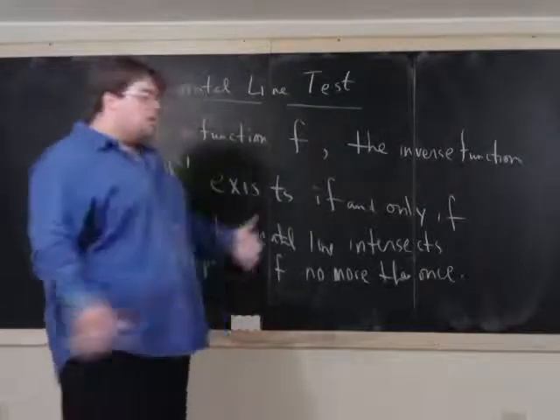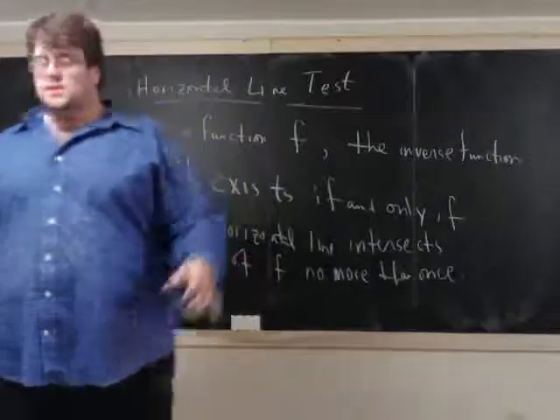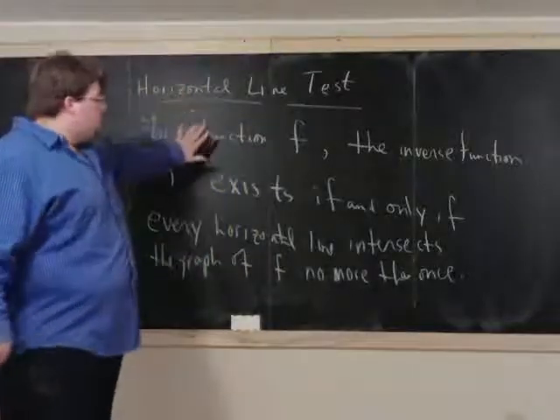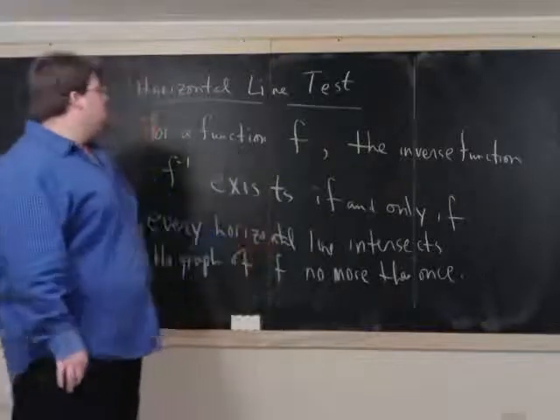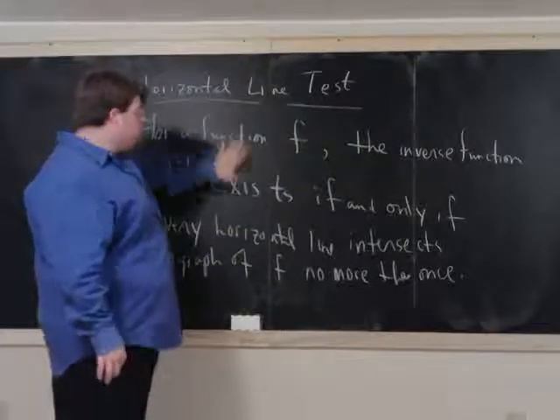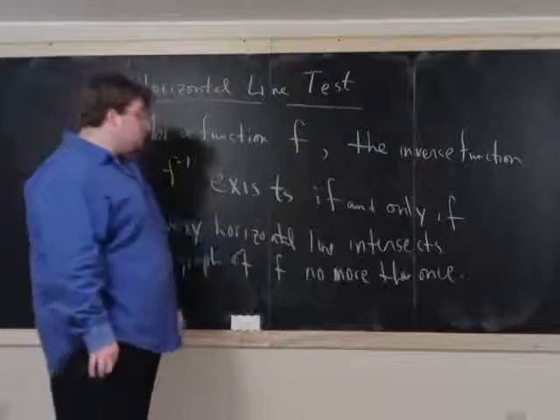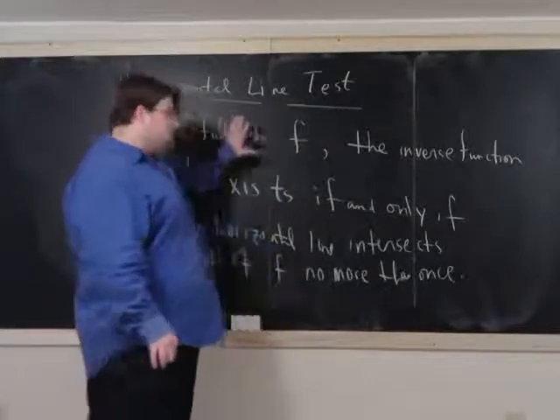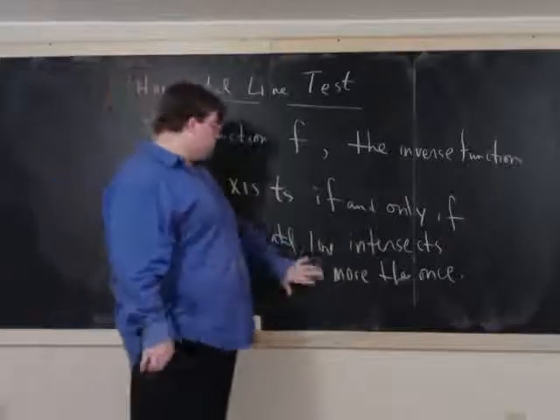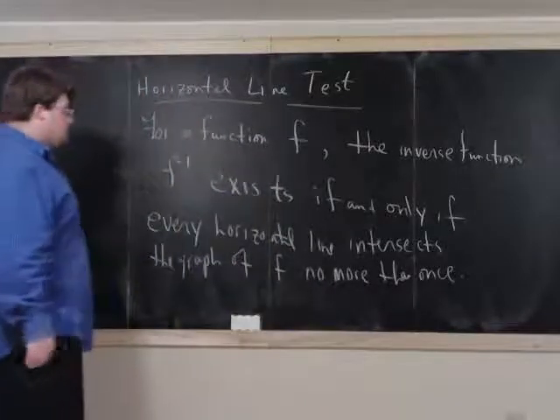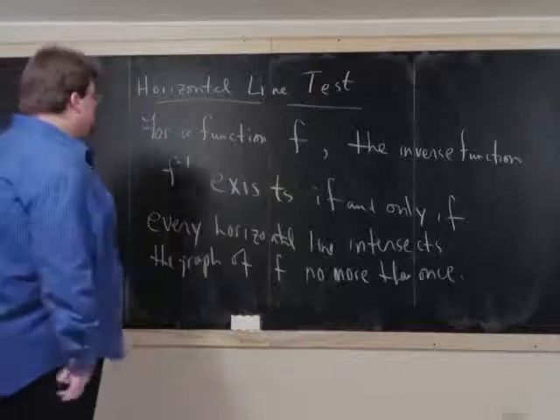If and only if in math means that what is before it is identical, logically, to what's after it. In other words, this implies this, and this implies this. They're identical statements logically.